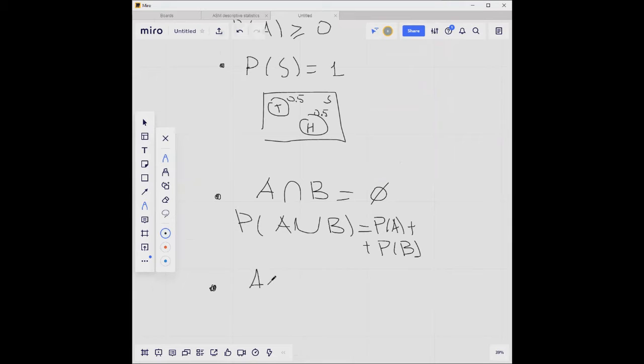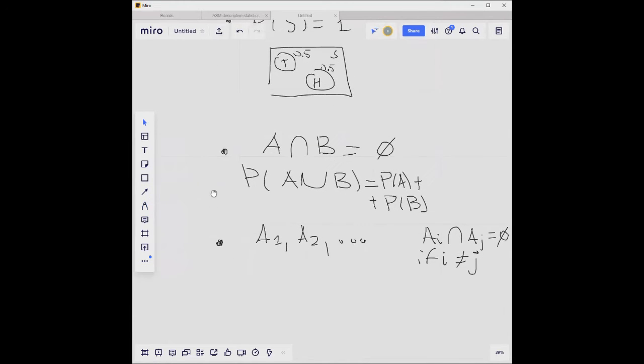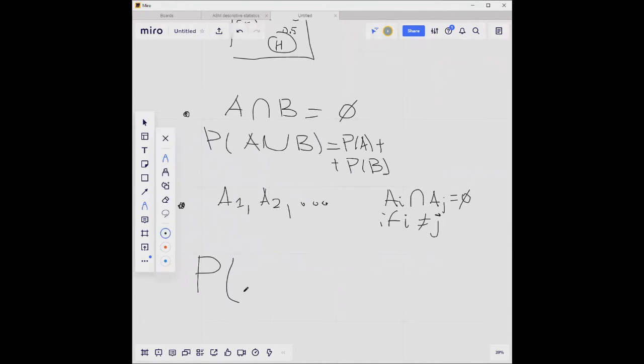So if we have events A1, A2, and so on, an infinite list of events here, and all of these are mutually exclusive, or the intersection of Ai with Aj is an empty set if i is not equal to j, then the probability of the union, i running from 1 to infinity, of those events Ai can be expressed as the sum of their individual probabilities, i from 1 to infinity.